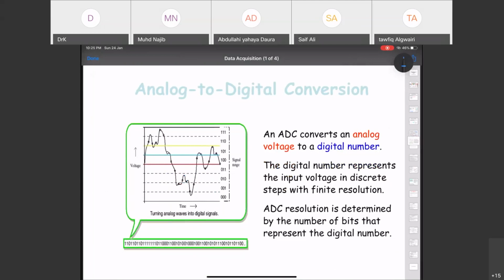If the operating voltage is 5 volts, your input signal is just from 0 to 5 volts. If your operating voltage is 24 volts, your input signal is from 0 to 24 volts. All right. And after that, we also look at the sampling frequency.